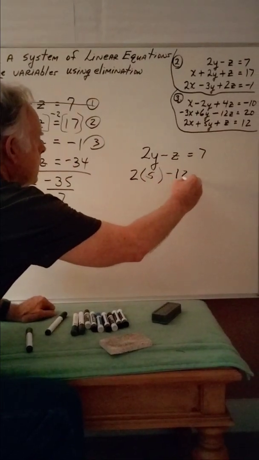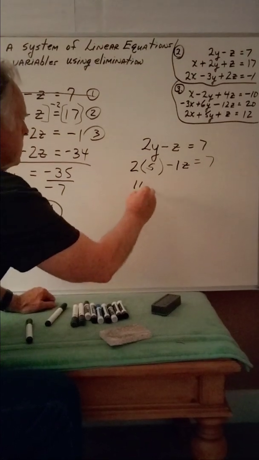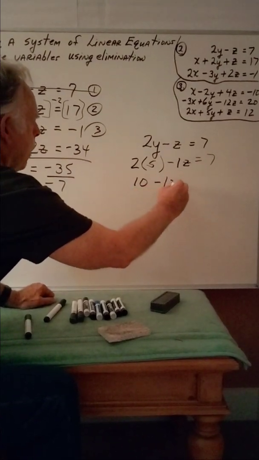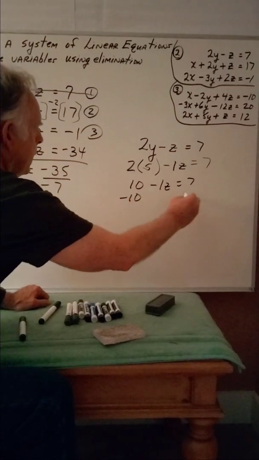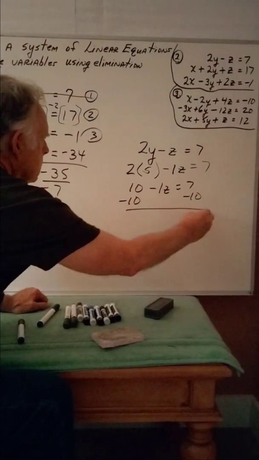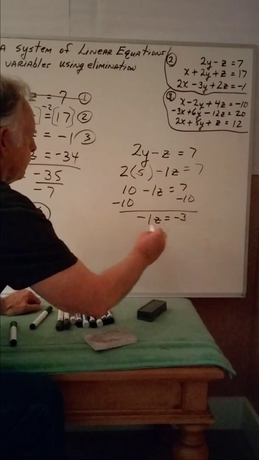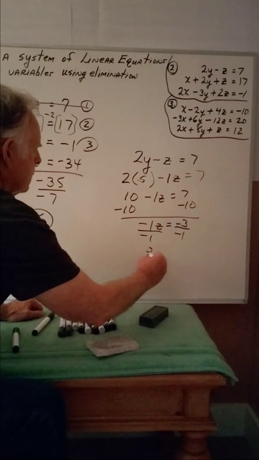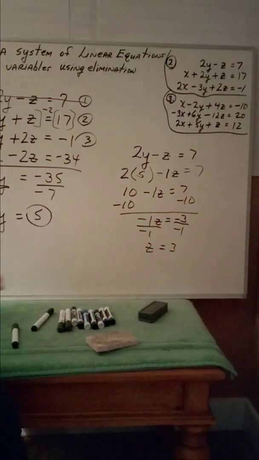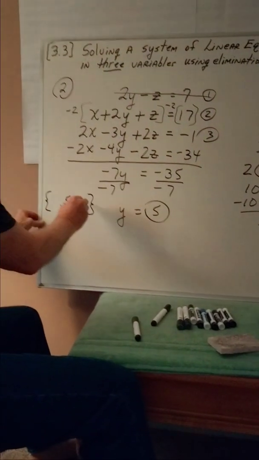Minus 1z is equal to 7. 10 minus 1z is equal to 7. Negative 10, negative 10. Negative 1z is equal to negative 3. Over negative 1, over negative 1, z would be equal to a positive 3. Stick that right in here.